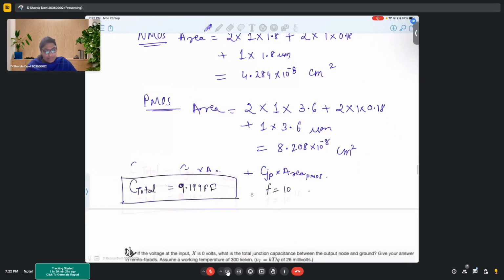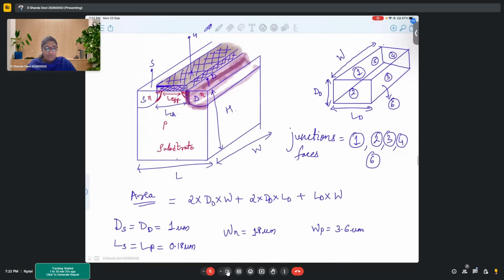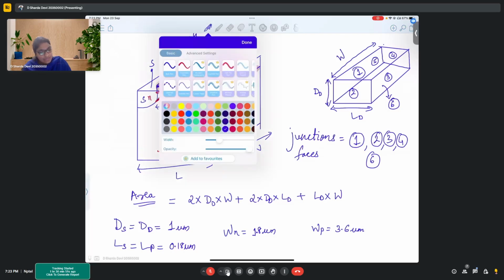Now, let's say I ask what all faces you would consider to calculate the total overlap capacitance. Let me make it a straight line so it would be a little easier for us to visualize.